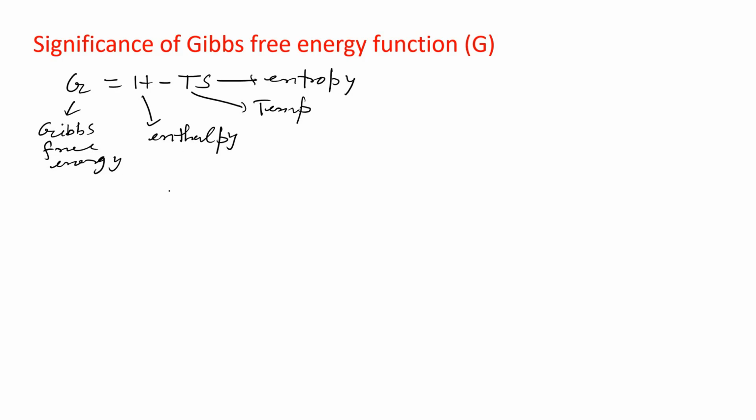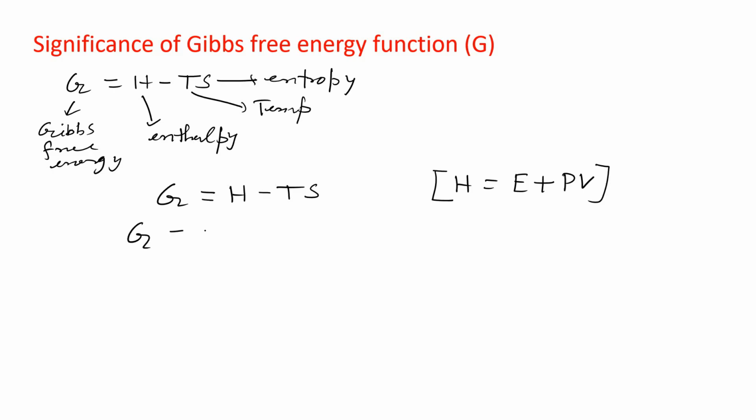Okay, so G is equal to H minus TS. Again, we know that enthalpy is equal to internal energy plus pressure into volume, right? So we can write G is equal to E plus PV minus TS.